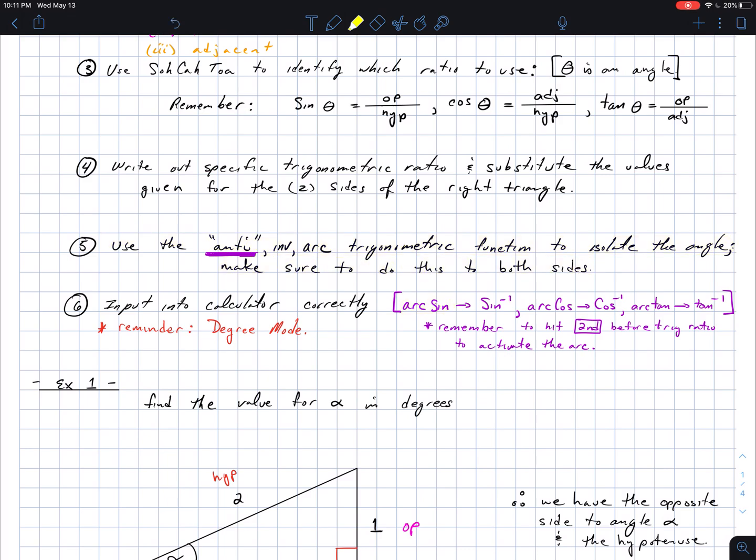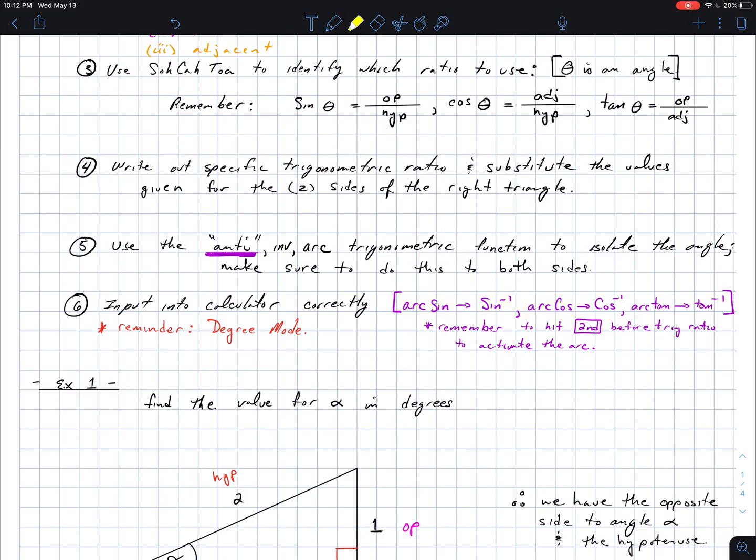So we're going to look at these right now. The arc sine is sine to the -1, the arc cosine is cosine to the -1, and the arc tan is tan to the -1. Remember to hit the second function button, the blue button, right underneath y equals, before hitting the trig, sine, cosine, or tangent to activate their anti-cosine, sine, and tangent.